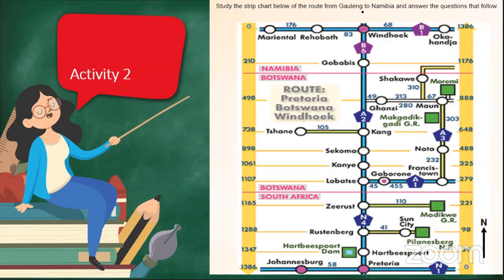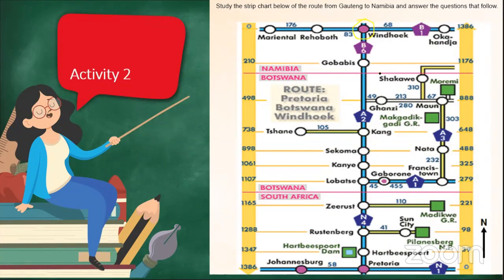Here, basically, this is a route from Gauteng to Namibia. We are moving from Windhoek. Windhoek is in Namibia, and you can see these lines.